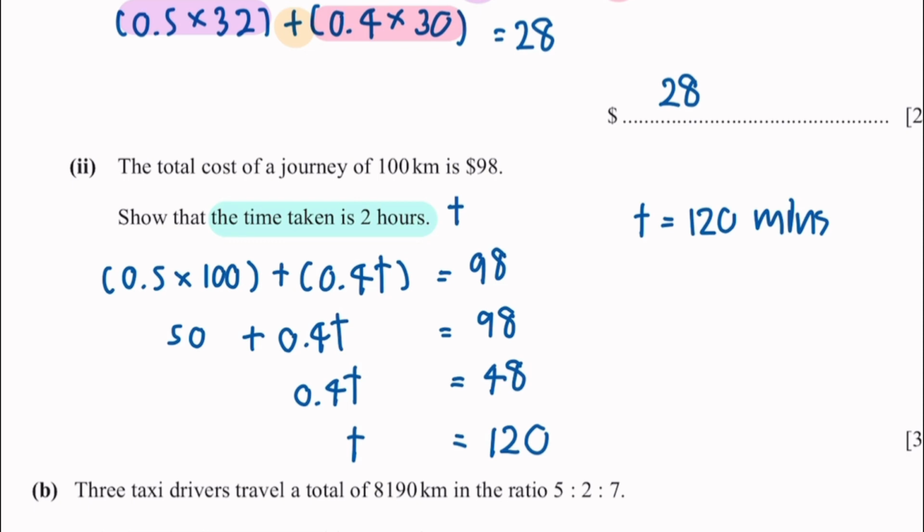Well, as you know, 1 hour is 60 minutes, so 120 minutes is 2 hours. So this is correct.